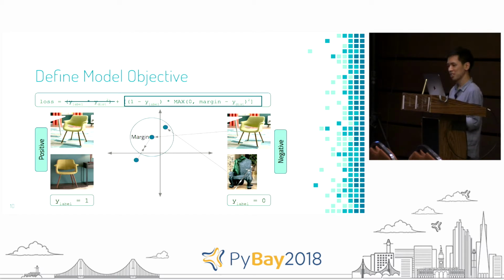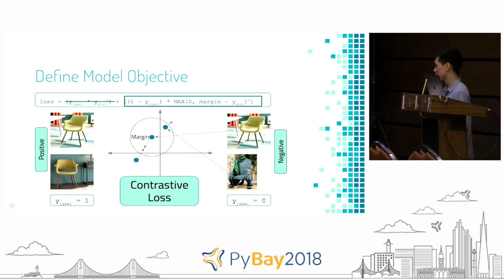The goal of the model is just to push those 2 points outside of each other's margins. Because once you're outside of that margin, the difference of margin minus y disk is negative, but the max of 0 and some negative number is just 0. And in academia, we call this contrastive loss.